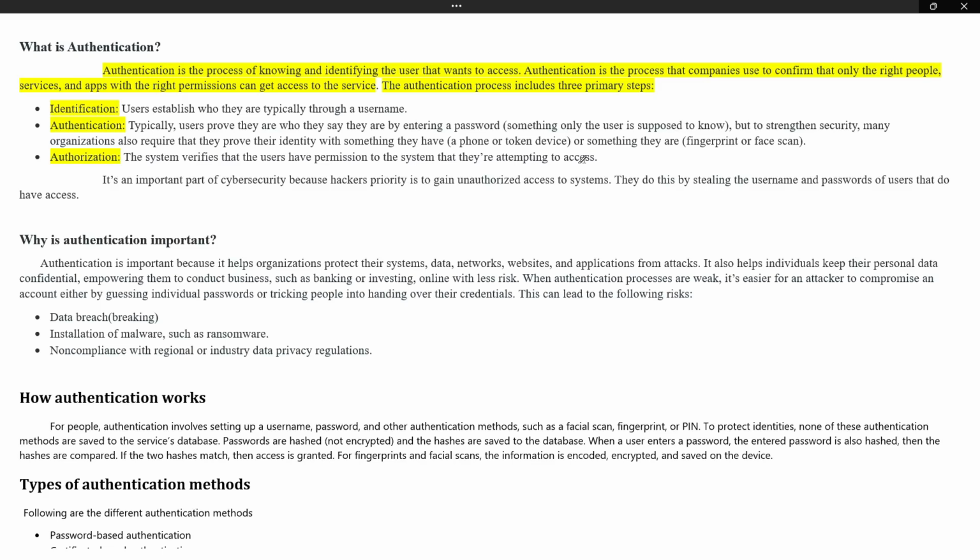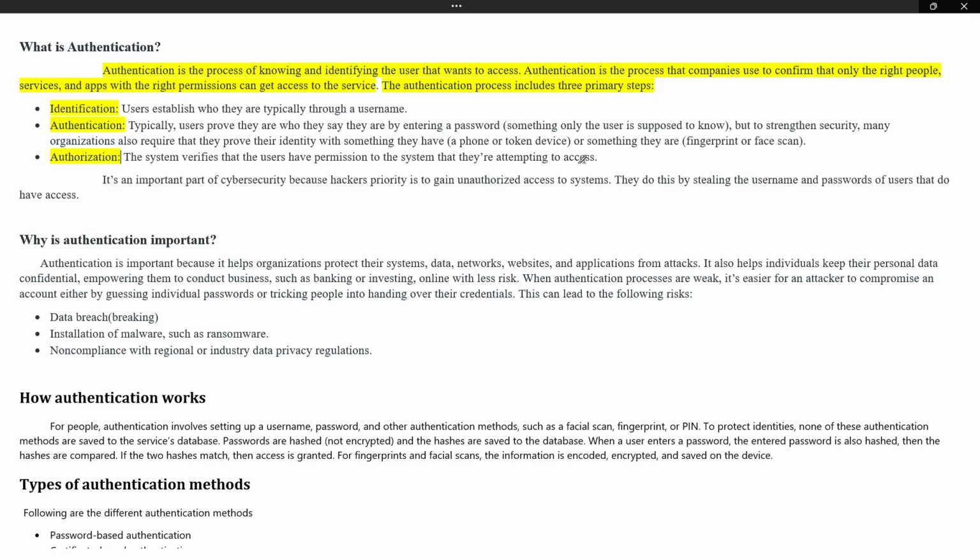If they are friends or relatives, they have access to a particular place, like the living room or kitchen or a particular bedroom. If they are service people who came for repairing something, then they will have permission only to that particular room. For example, if there is some issue in the bathroom, then they will have access only to the bathroom, not to the house. So this is authorization.